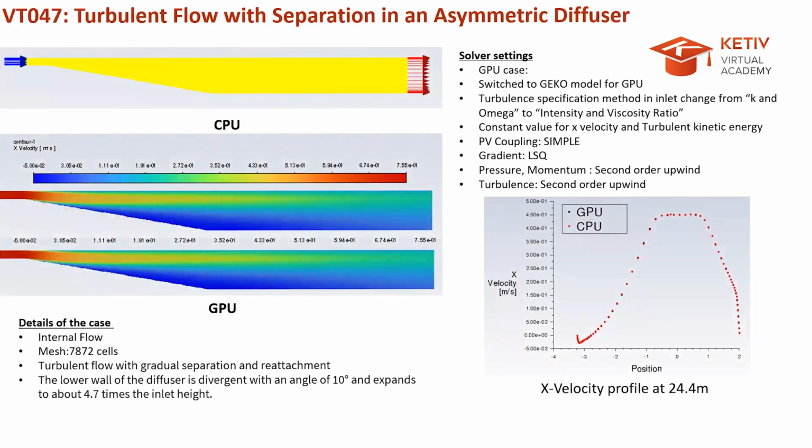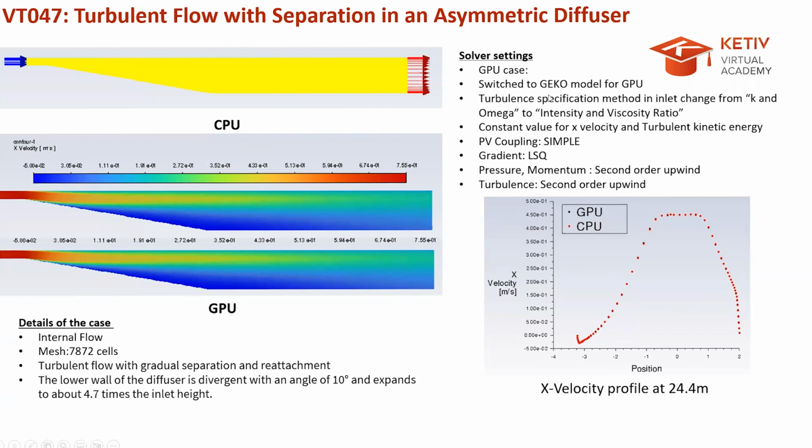So this is a very standard benchmark case in the CFD community. It's an asymmetric diffuser, nothing fancy, just internal flow with a hexahedral mesh. And what we are basically doing is comparing the CPU and the GPU results. This mesh had around 7,000 cells, turbulent flow with separation and reattachment.